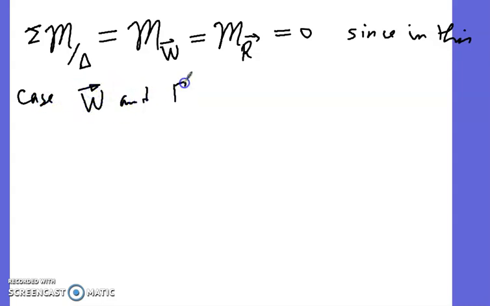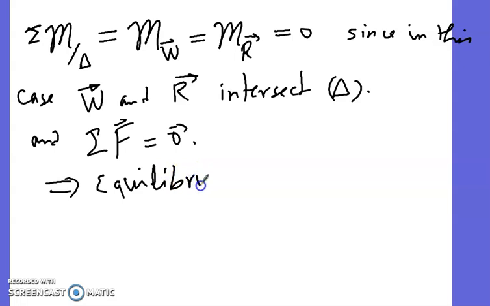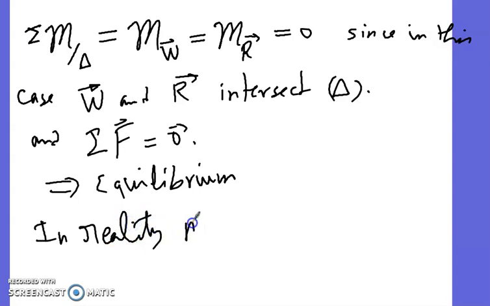And already we have the sum of forces equal to 0. So what do you obtain when the sum of moments equals 0 and the sum of forces equals 0? We obtain equilibrium of the rigid body, which is the pendulum here. So we get equilibrium. In reality, no oscillations.